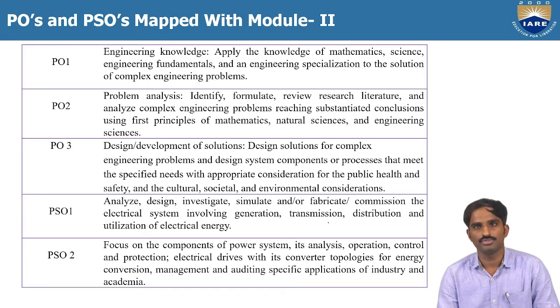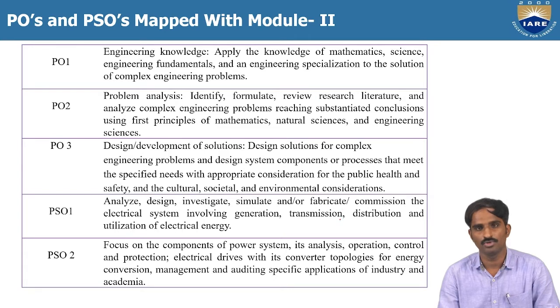And here, for program outcome 1, you can see keywords like engineering knowledge: apply the knowledge of mathematics, science, engineering fundamentals, and an engineering specialization to the solution of complex engineering problems. We already discussed the course outcomes CO4 and CO5.